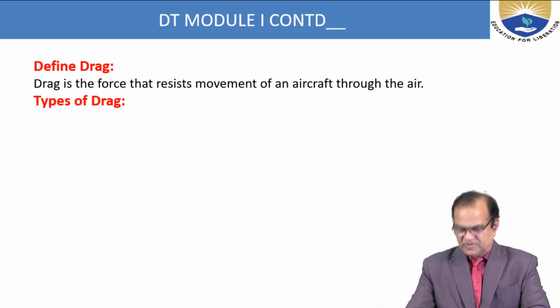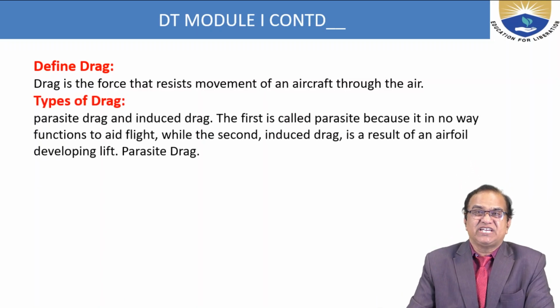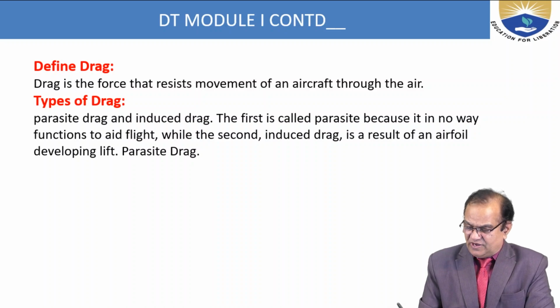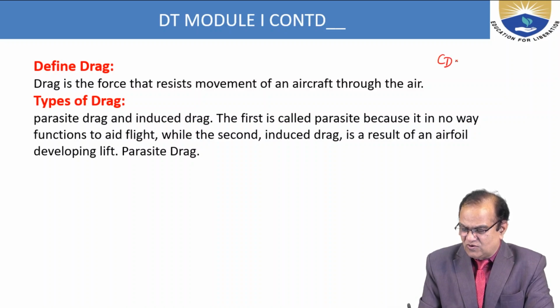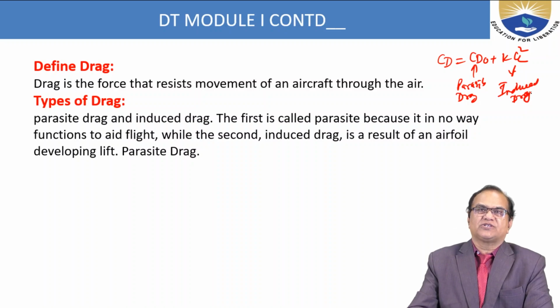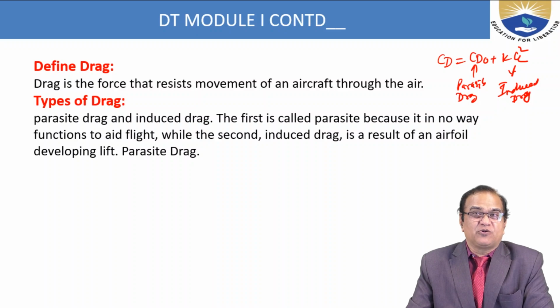We have two types of drag: parasitic drag and induced drag. I have discussed that CD is equal to CD naught plus K CL squared. The first term is the parasite drag, and the second is the induced drag.